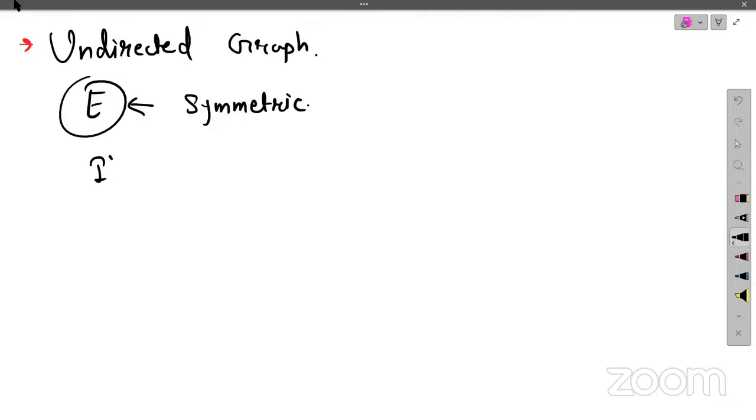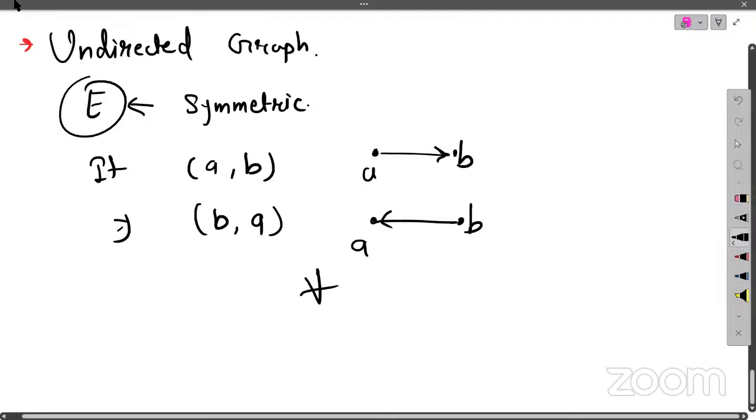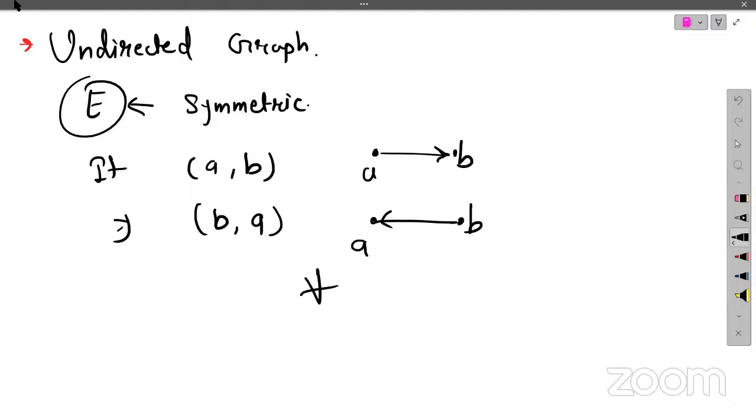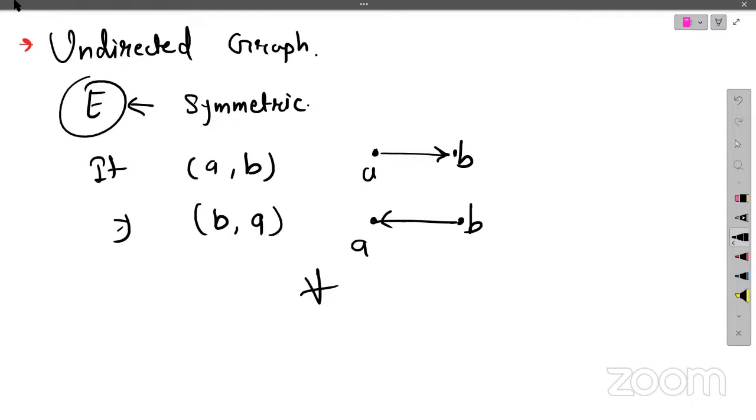If there is an edge between A and B, then this implies there will be an edge from B to A too. That means if we have an edge in one direction, we also have it in the other direction. And this is for all vertices, not for one particular pair of vertices. Between any vertices, if you can move in both directions, that means if you can go from A to B and B to A, then such a graph is known as an undirected graph. So ultimately, there is no significance of direction. You can move in any direction you want. This is for all vertices.